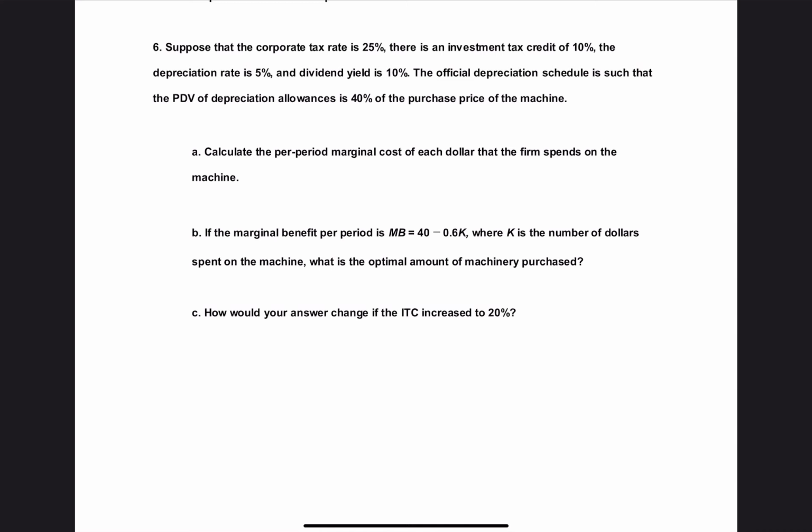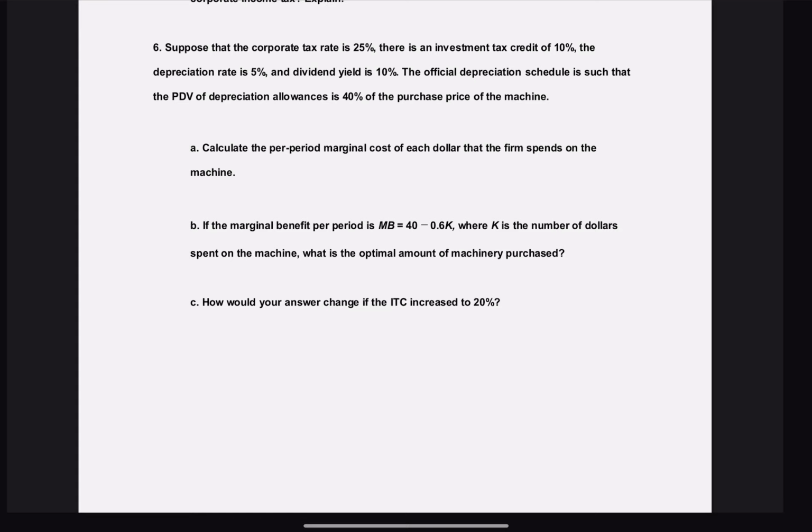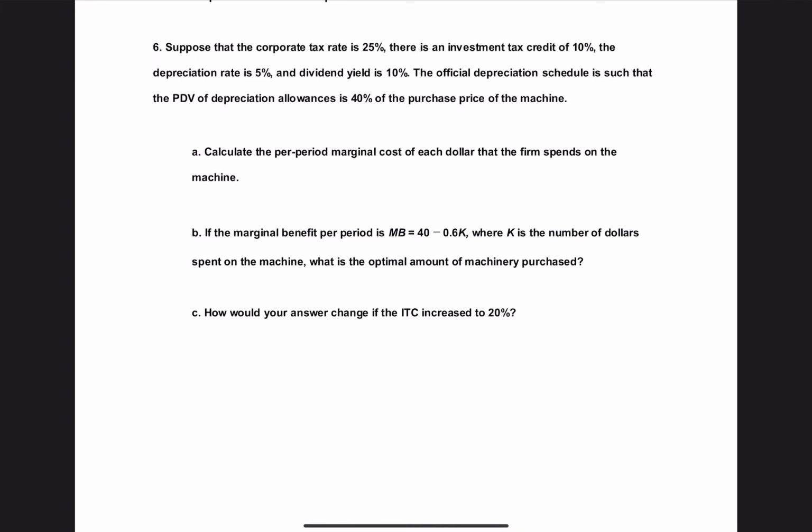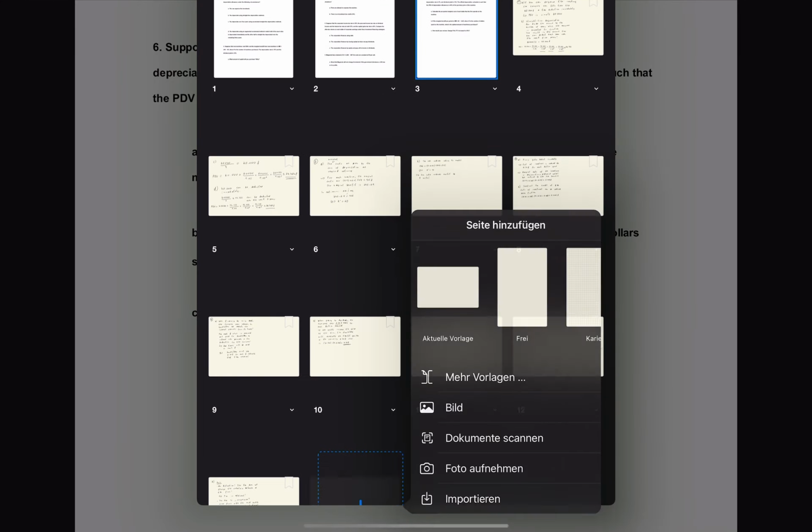In sub-exercise A, we are faced with the following task: calculate the per period marginal costs of each dollar that the firm spends on the machine. Okay. So let's go to the last page. So this is exercise number 6A. So if there is no taxation, the marginal cost would be equal to depreciation plus dividend yield.